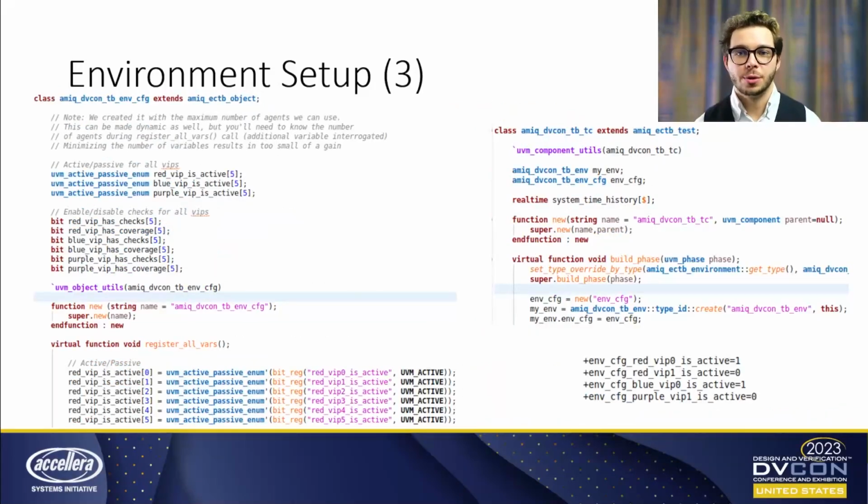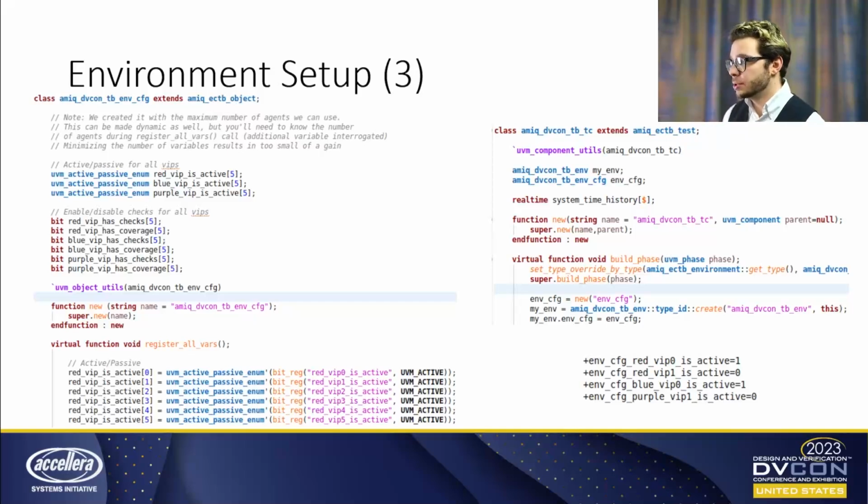While the configuration objects are being created statically, we do want to be able to control what's inside those configuration objects. Because the number of configuration objects can vary, we can create a global environment configuration that can tether to the maximum number of agents that can exist.